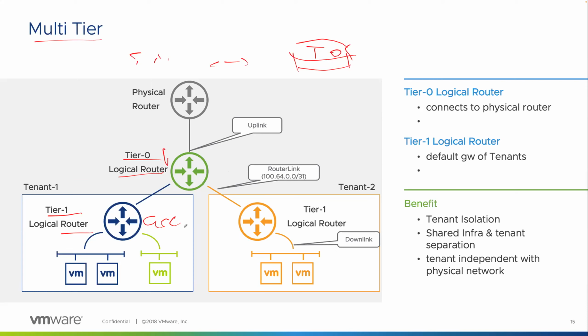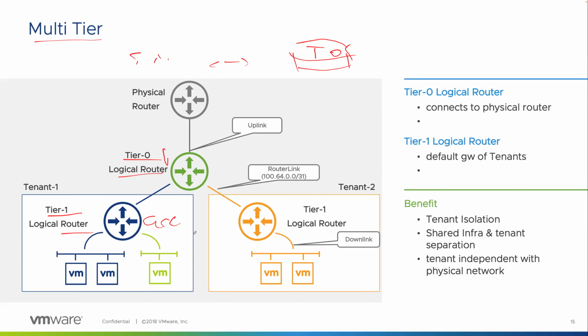So how do we leverage a multi-tier or two-tier NSX topology? For the tier 1 logical router, we can leverage the tier 1 concept for creating multiple tenants.